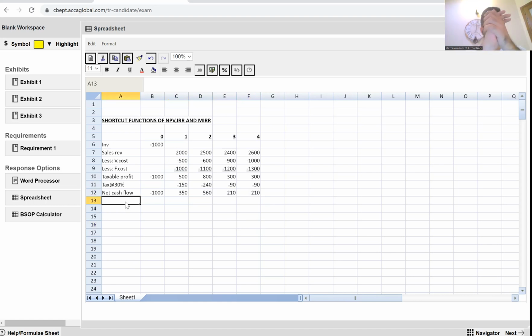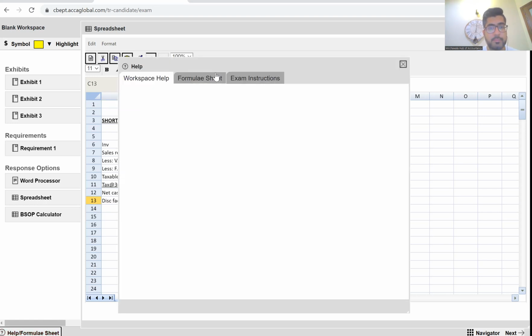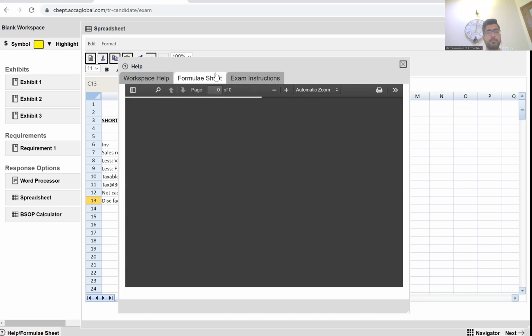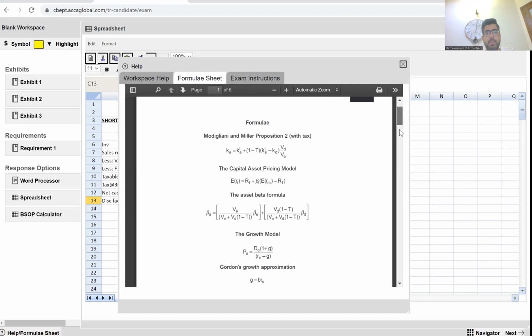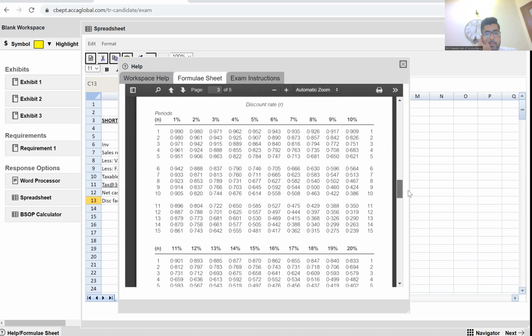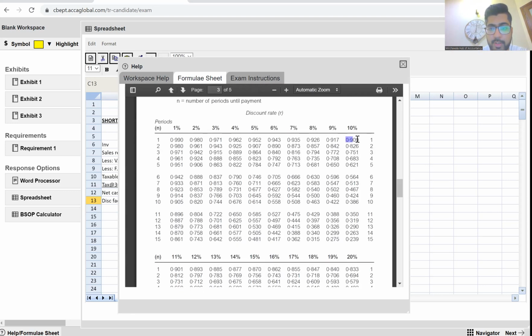After net cash flow, what is your historical practice? You multiply this net cash flow by discount factor. Now let's suppose discount factor is 10%. Now for the year 0, the factor is 1. And what is your traditional practice? You go in the help and formula sheet. On the formula sheet, there is a discount table. So you can say 10% is 0.909 and then 0.826, 0.751, 0.683.